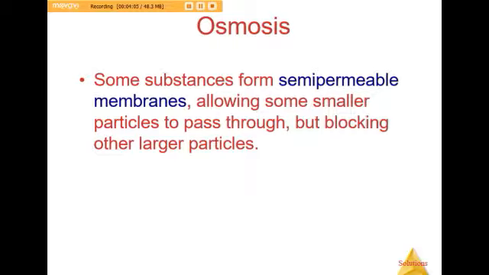So that takes us to osmosis, and osmosis seems to be something that comes up a lot in biology. The concept behind osmosis can be a little tricky to understand, but the first thing that we need to understand is that you have 2 different solutions, whether it's inside and outside a cell, or simply on opposite sides of a chamber, but those chambers are separated by a semi-permeable membrane, and that will allow small particles to pass through, but the semi-permeable membrane will block the larger particles.